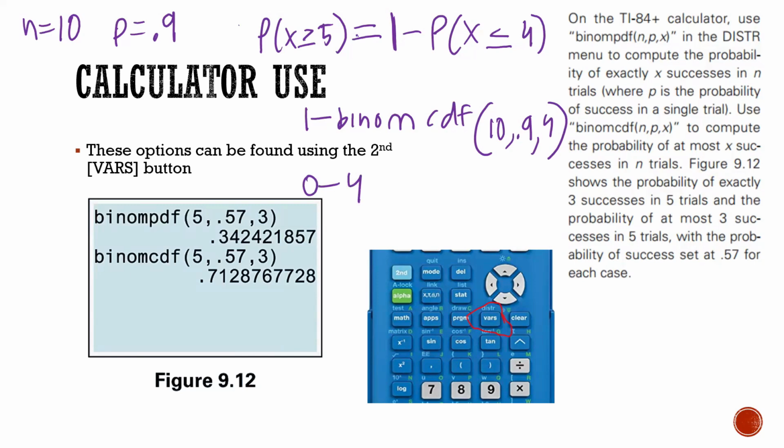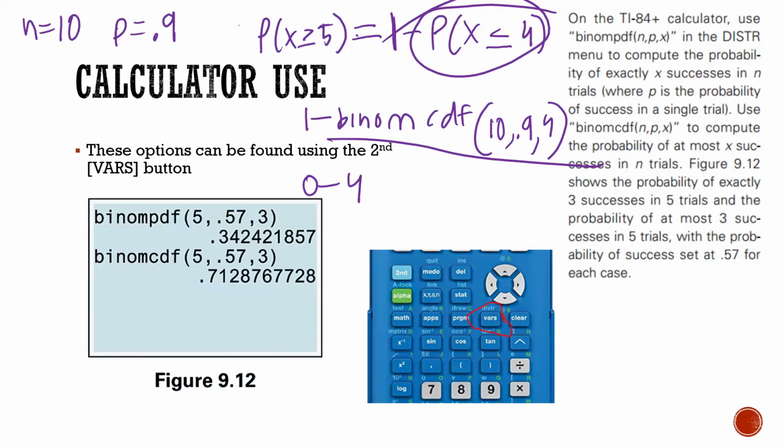If something happens 5 or more times, the opposite of that is that it happens 4 or fewer. Does everyone get that? And it's not 5, because if I put 5, then 5 would overlap, 5 would be in both categories. So I'm doing 4 or fewer, because my calculator has a shorthand for doing that.